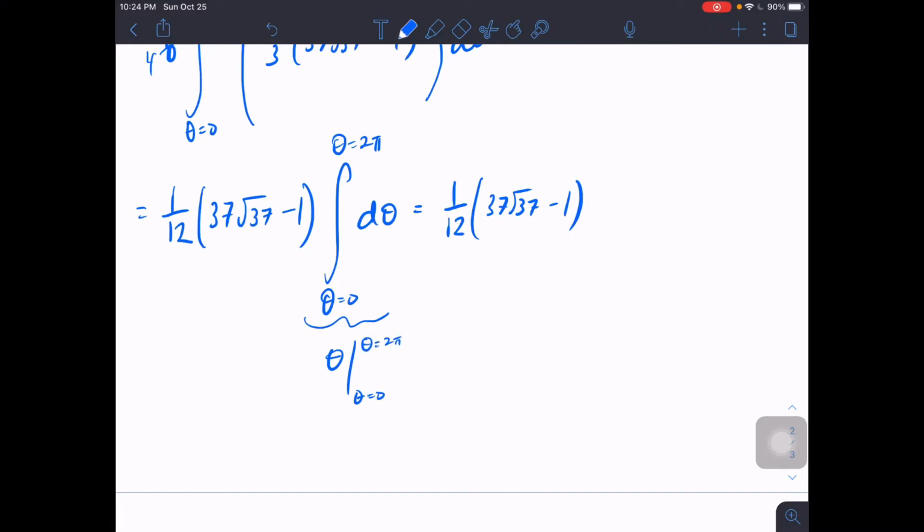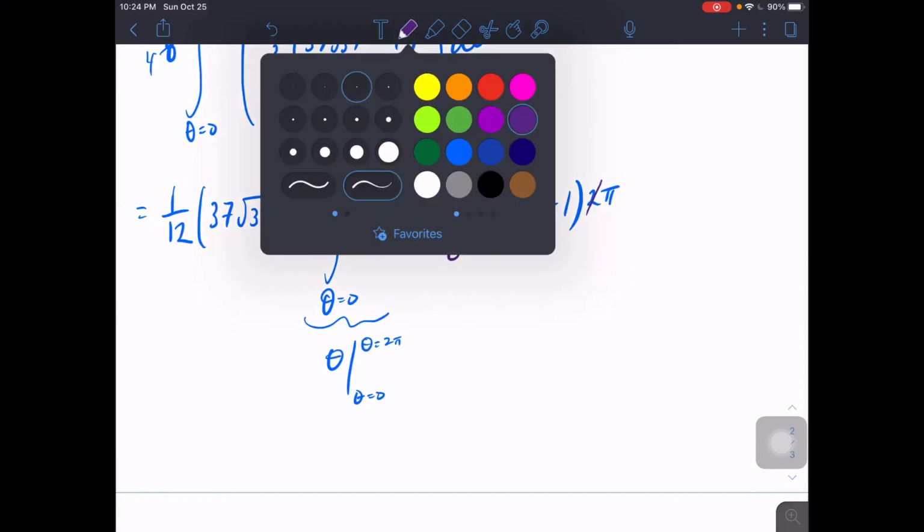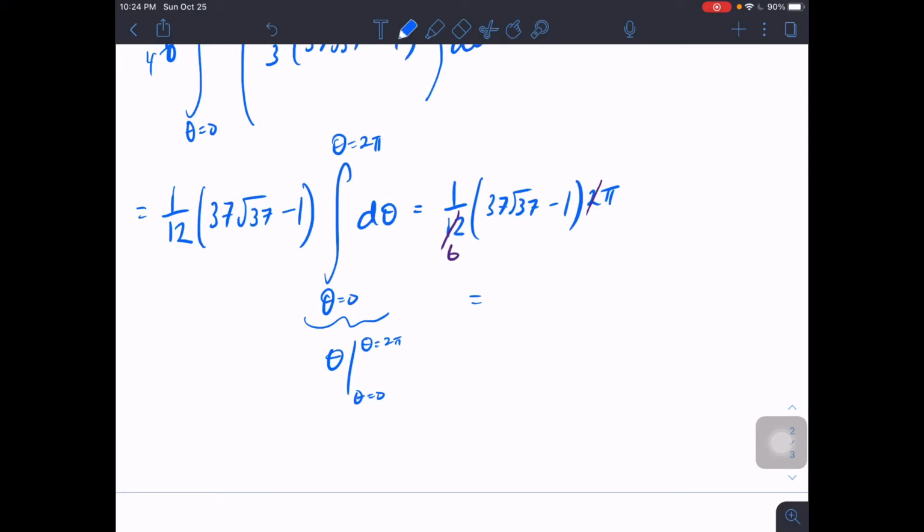And that's just 2 pi. So then this will just be times 2 pi. And so then the 2's cancel off. This turns into a 6. And so then we get pi over 6 times 37 root 37 minus 1.